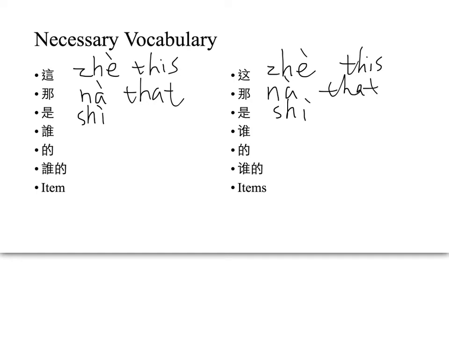是 was, were. Okay, it could mean all the be verbs in English. 再来，下一个是谁？ There are two different ways to spell it. It depends on which keyboard you're on. If you're doing traditional, it's easier for you to find the character if you type SHEI, second tone.